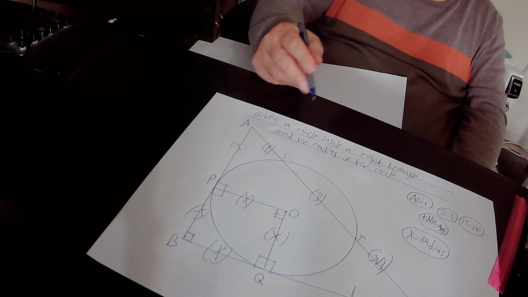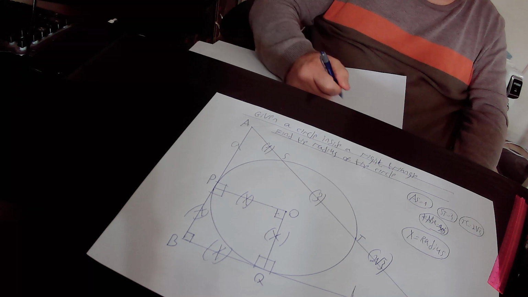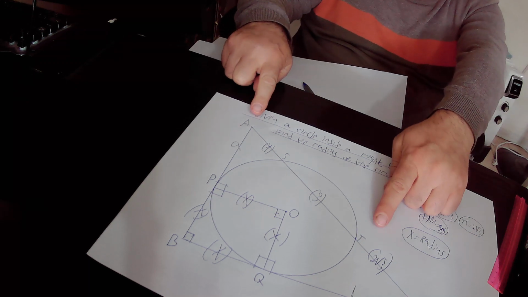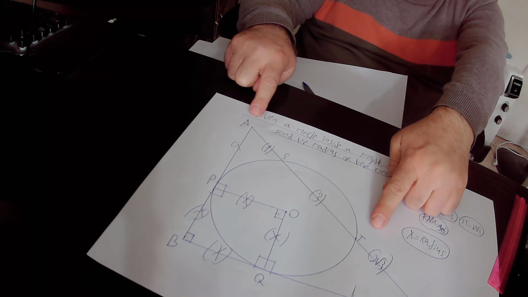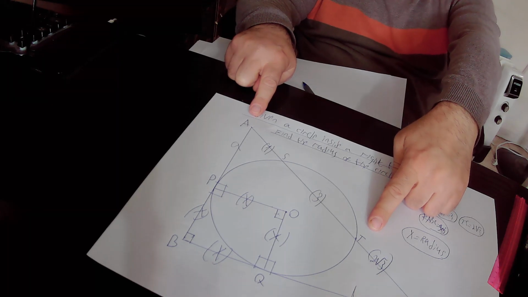AS is 1, according to what is given in the question, times AT. AT from the drawings is very easy to see that AT equals 1 plus 3.